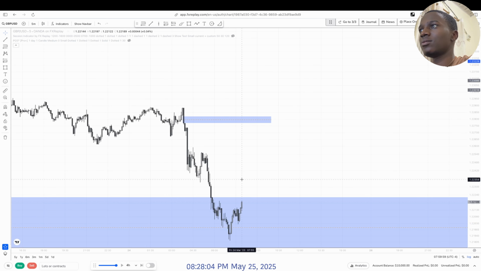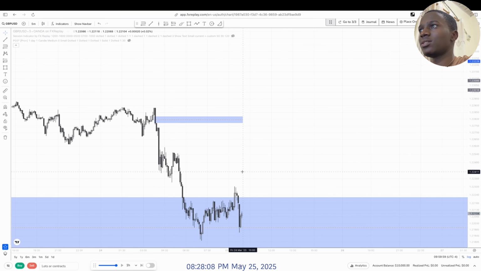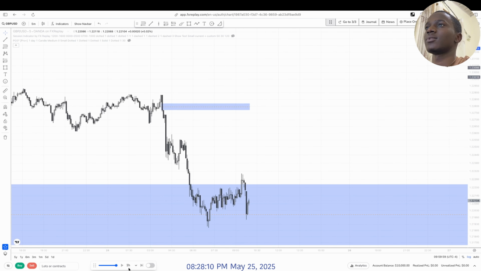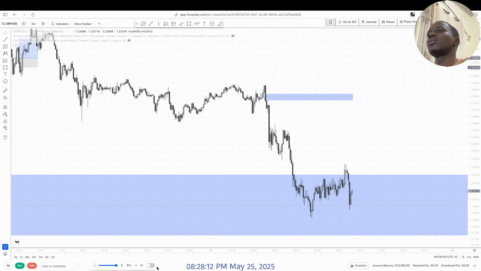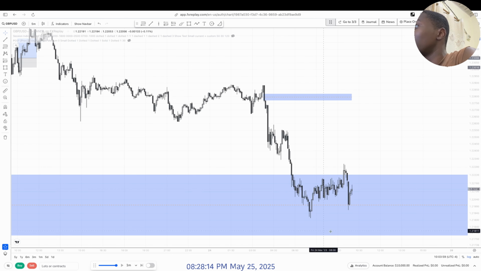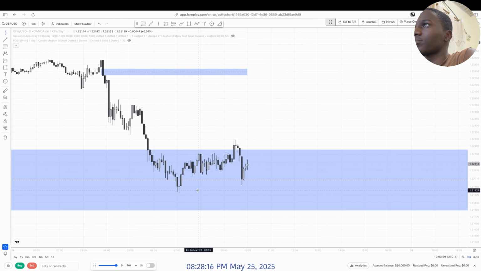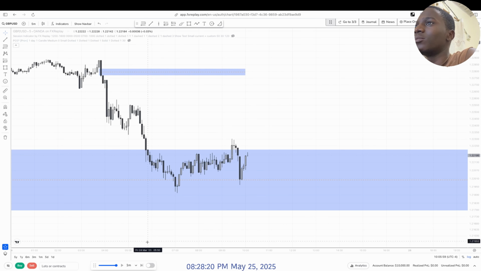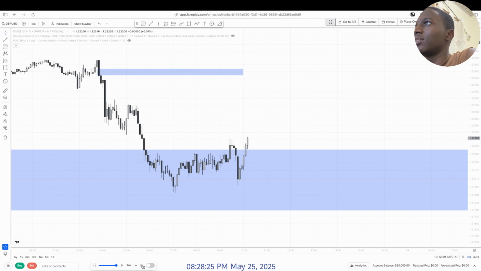So it's now 7:55. Fast forward some 2 hours. Great. Now let's see if we can see an entry in here. So boom, 10 creates a small gap. Okay, let's see if it gets filled.